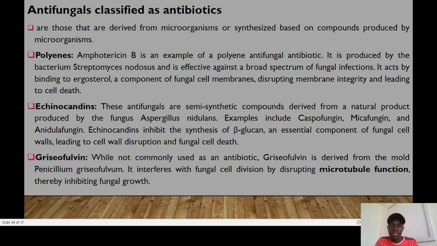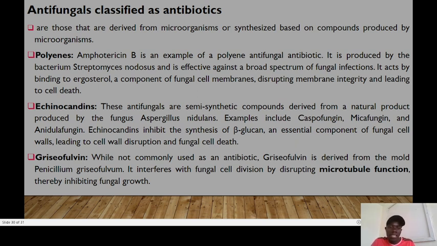What you just need to know is that it is normally produced from the bacterium Streptomyces nodosus, and is very effective against broad spectrum fungal infections. Of course, we have already said it works by binding to ergosterol, thus disrupting membrane integrity and leading to cell death.